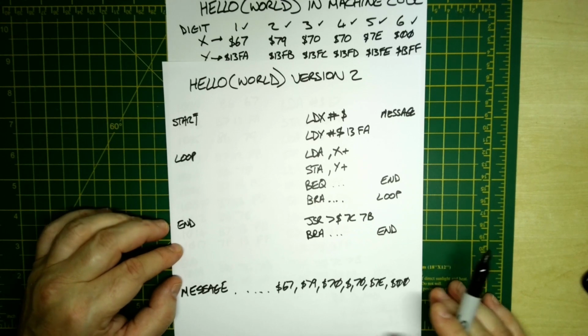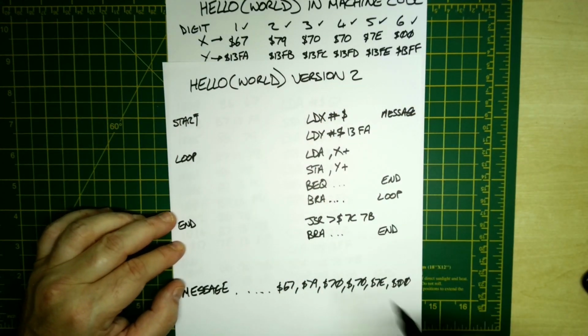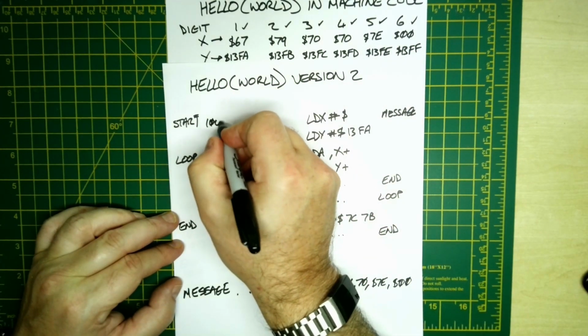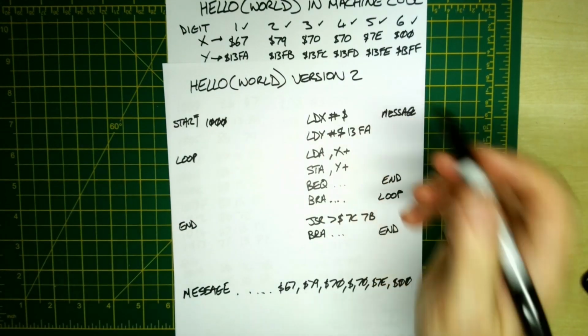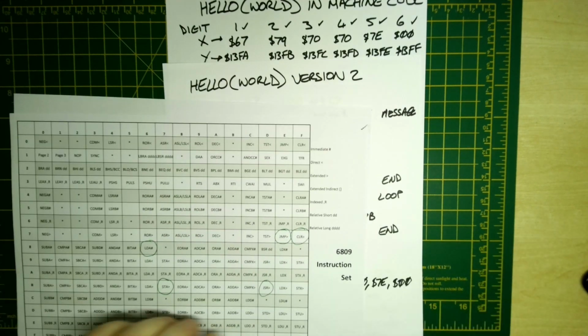Now what we need to do is to start allocating the addresses and work out the opcodes for this. So we're going to start this at 100 again, and load X with the value there.